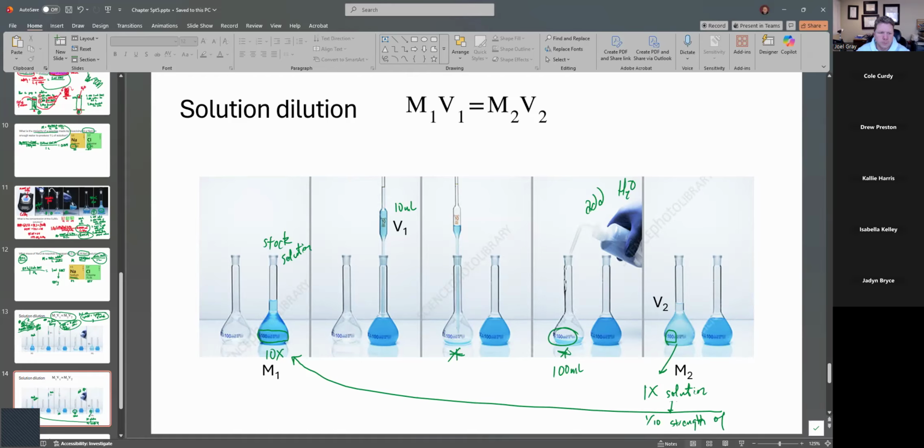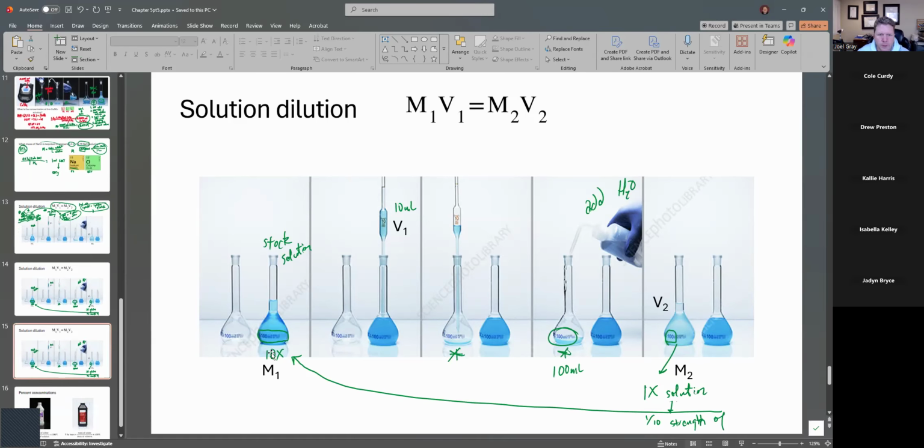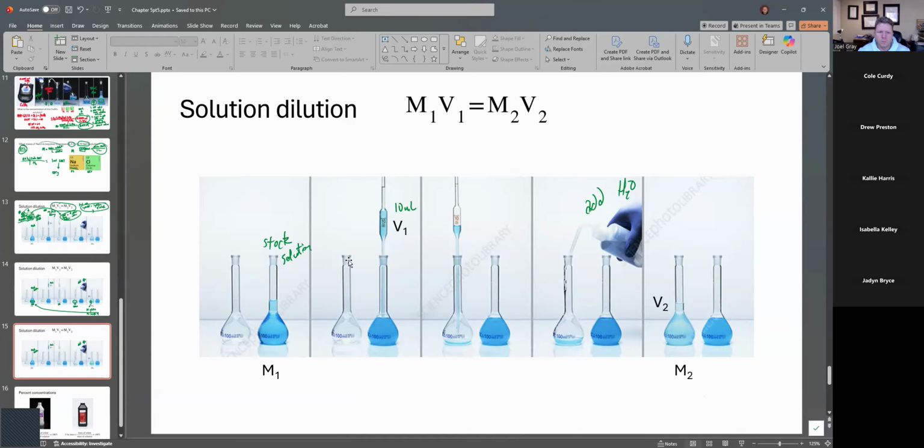Great. Now what I want to do is kind of build on that. But I'm going to change some of the numbers, and we're going to use the formula, because that 10x to 1x, I think that's kind of intuitive.